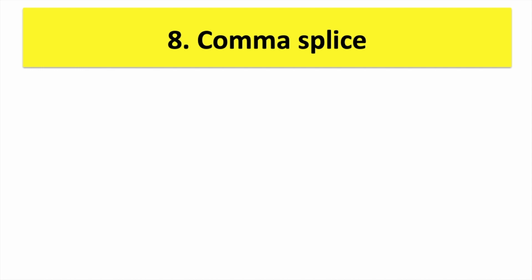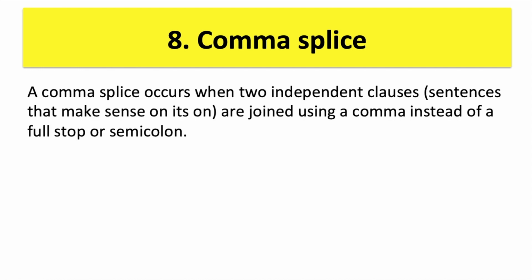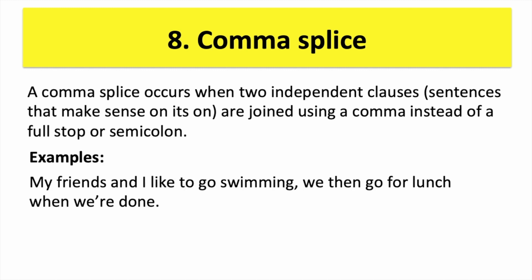The final common mistake is a comma splice. A comma splice occurs when two independent clauses, i.e. two sentences that make sense on their own, are joined using a comma instead of a full stop or semicolon. Let's have a look at some examples. My friends and I like to go swimming, we then go for lunch when we're done.